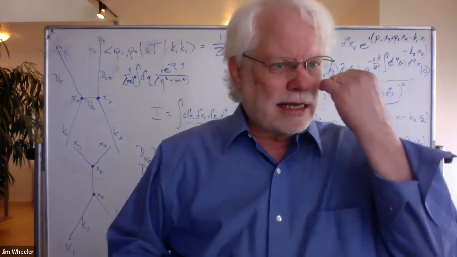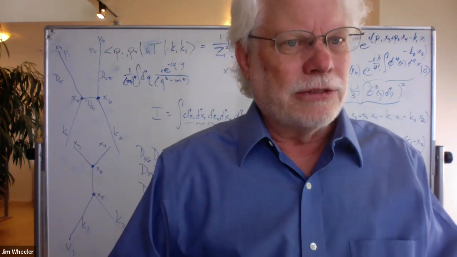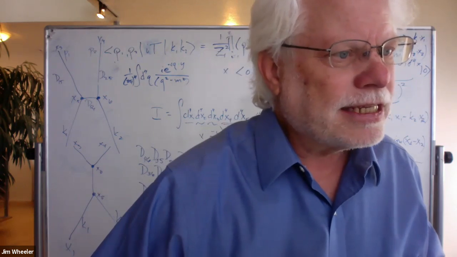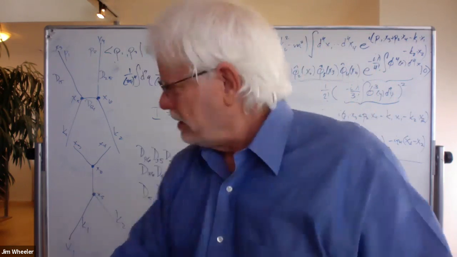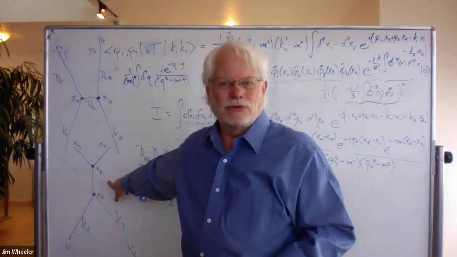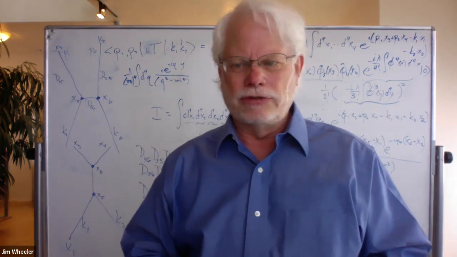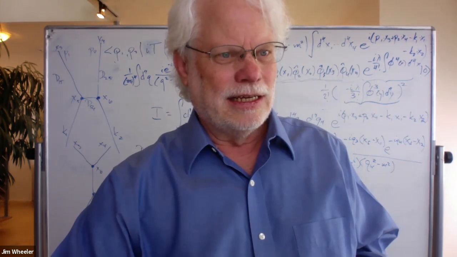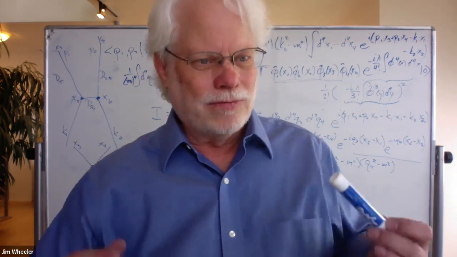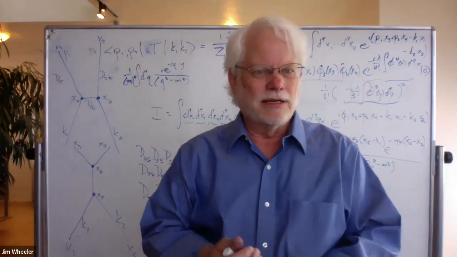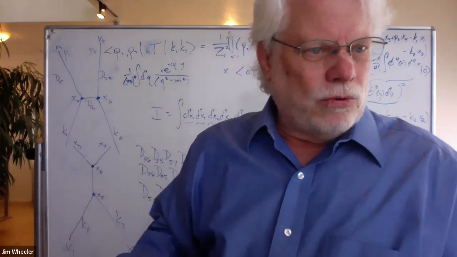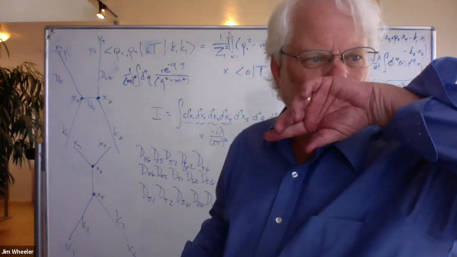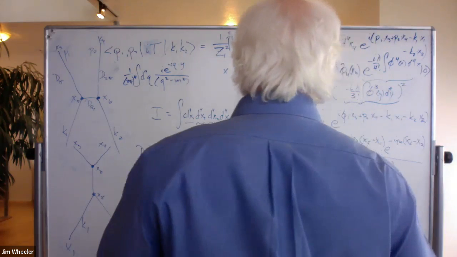I think the one I worked out is case 1. Let me see what I labeled this. Yeah, okay, so I'm going to work out this one for you, and I've left the other 2 as exercises, but you've seen these can be fairly quick. So what we have to do is a whole bunch of integrals.